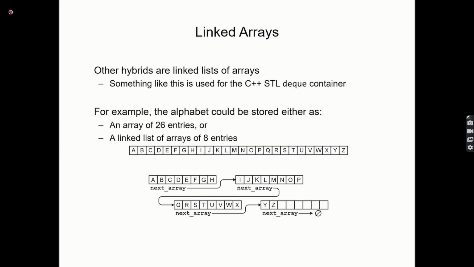So a lot of operations you can perform, right? On the linked list or array, dequeue the element, add the element. You can see here, for example, the alphabet could be stored either as an array of 26 entries, or in linked list form.